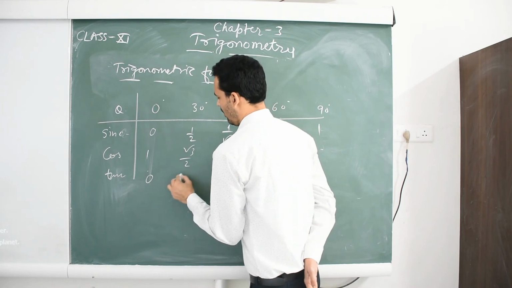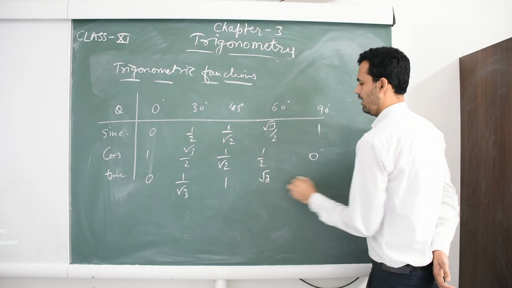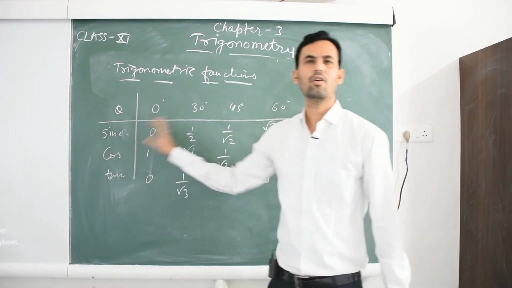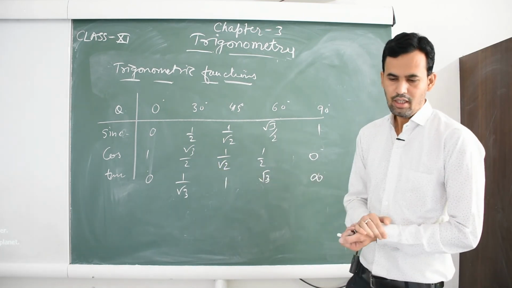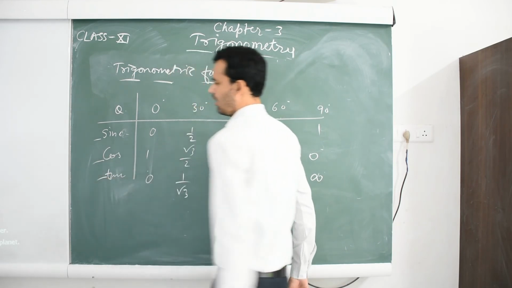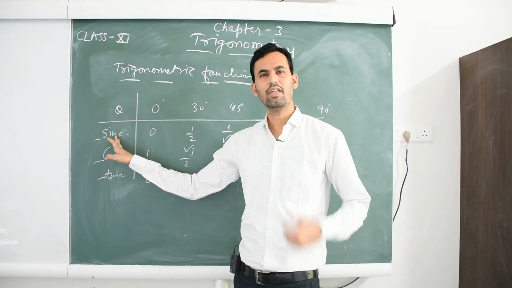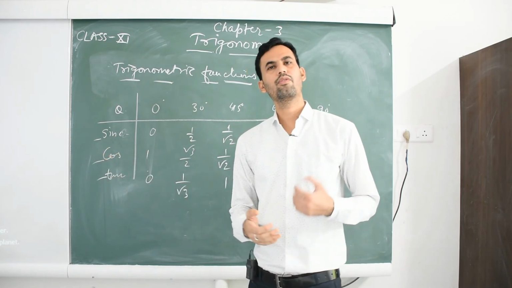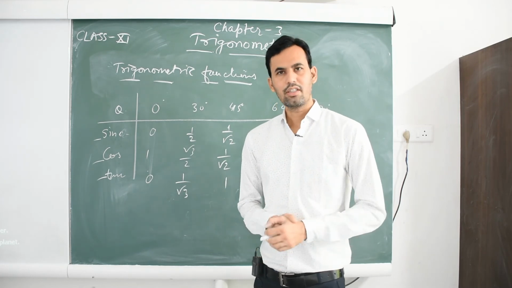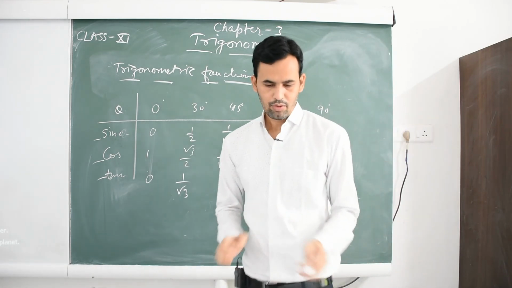Tan is 0, 1 by root 3, 1, root 3 and not defined. So these are the values of sine 0, sine 30, cos 0, cos 30, tan 0, tan 30. Similarly, values of cosec, sec and cot we easily find: reciprocal of sine gives cosec, reciprocal of cos gives sec and reciprocal of tan gives cot theta. So this is the revision of class 10th for you.